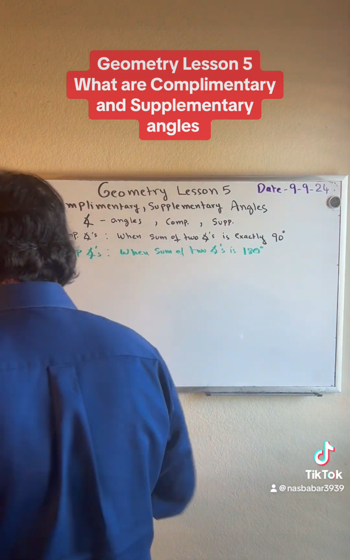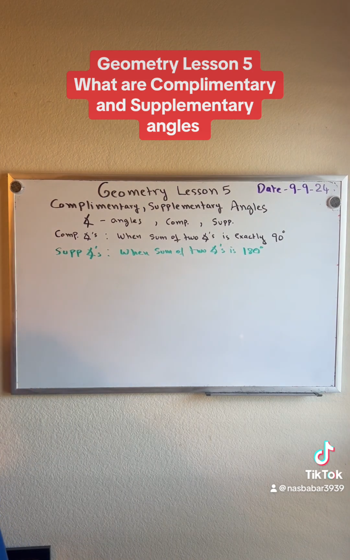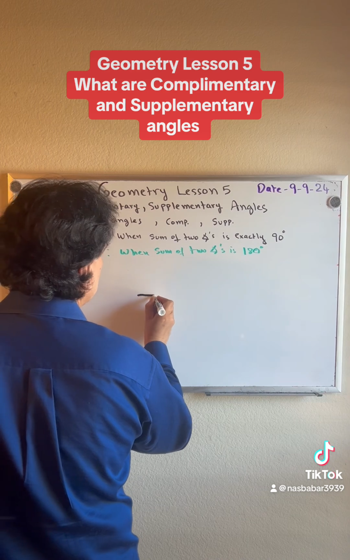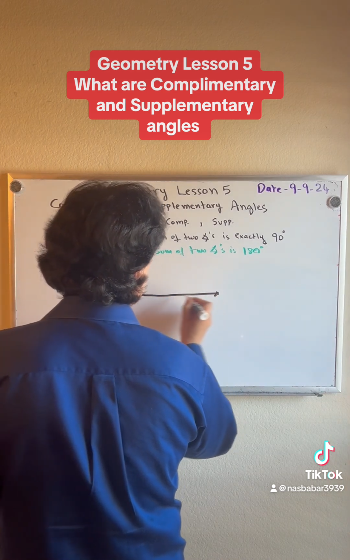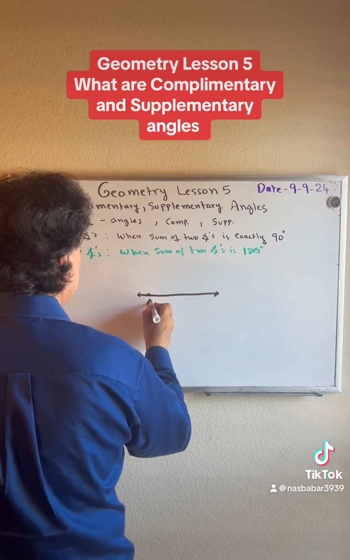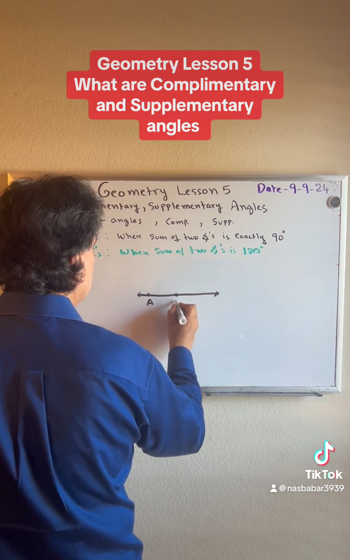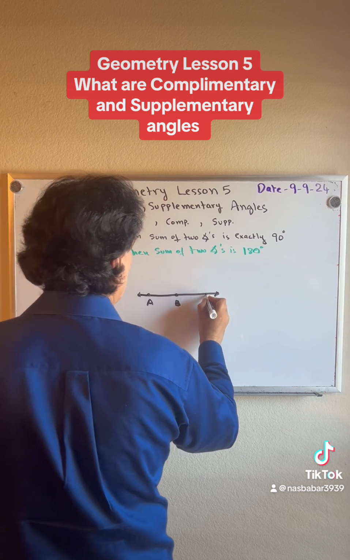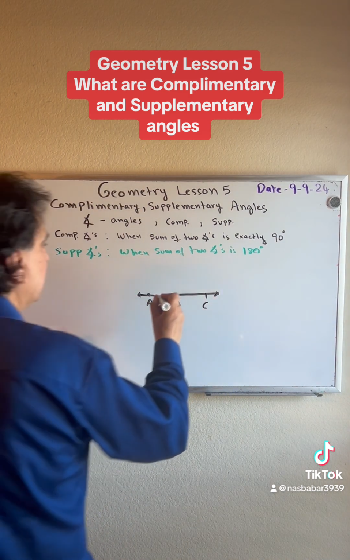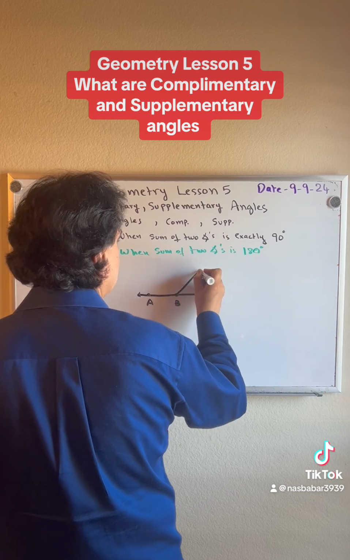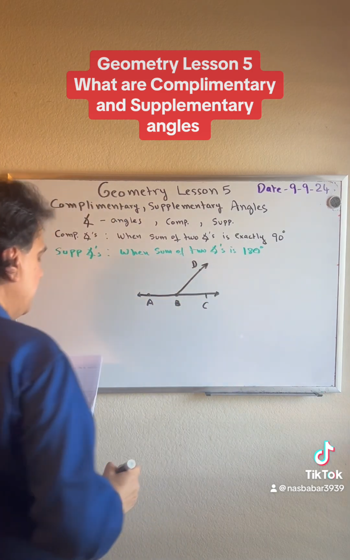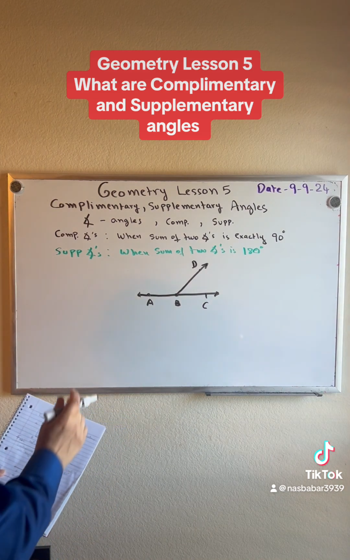Let's go ahead and give you an example of that. Let's say I have this straight line right here. It's almost straight. Then I call this point A, I call this point B, I call this point C. So if there is an angle like this right here, we call this D. Then let me ask you this.